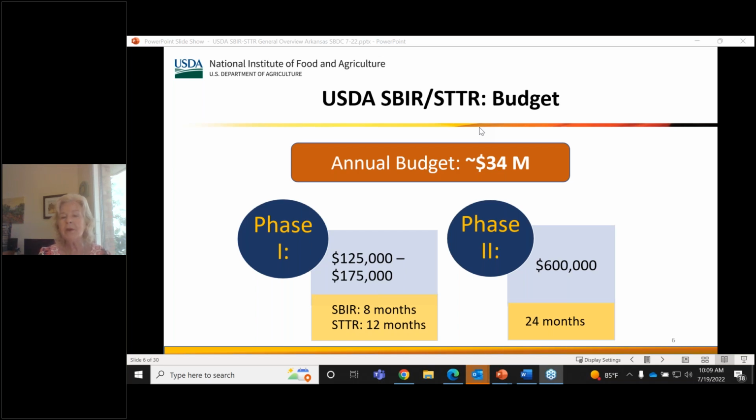We have 10 topic areas. 8 of them are at $175,000. 2 of them are at $125,000. The duration of phase 1 for SBIR is 8 months, but for STTR it's 12 months. So there's a little difference there. For phase 2, they're exactly the same. It's $600,000 for all 10 topic areas, and it's 24 months in duration.